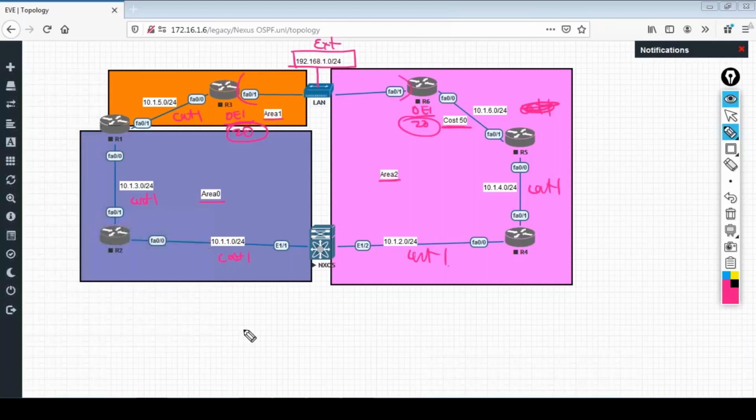Now, if I come to NXOS and try to find 192.168.1.0, which path is it reachable via? Will it be reachable via R4 or via R2? Towards this area like this, or towards this one?